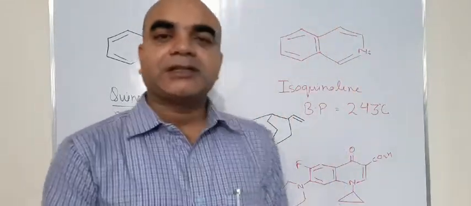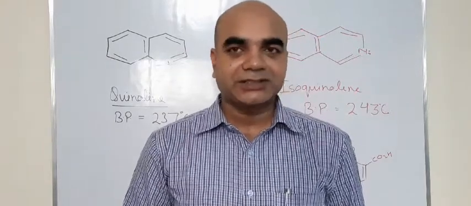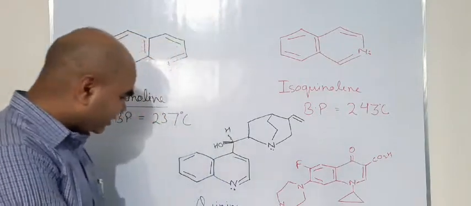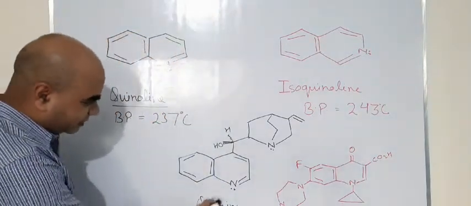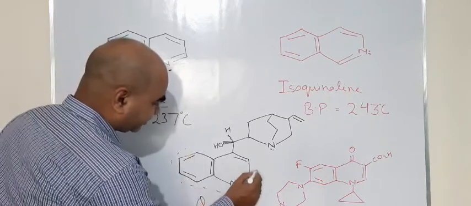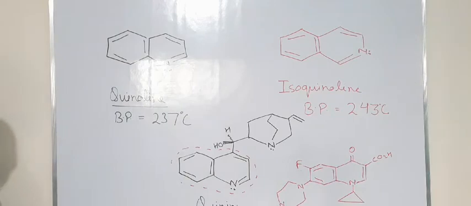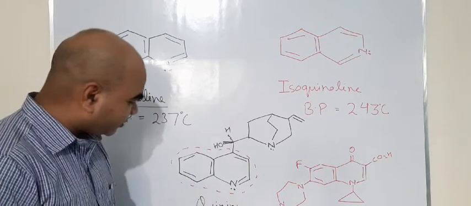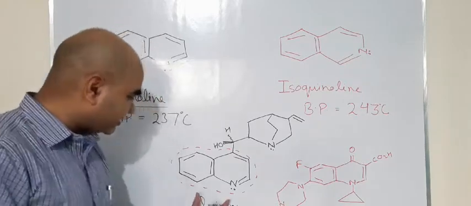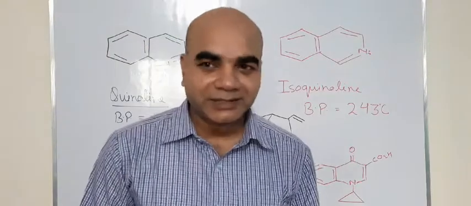These heterocycles have very big importance in chemistry because there is one very interesting molecule you can see here. This is the part of quinoline, and this is the very well known molecule quinine. This quinine molecule is an alkaloid and it is very well known for its anti-malarial activity.